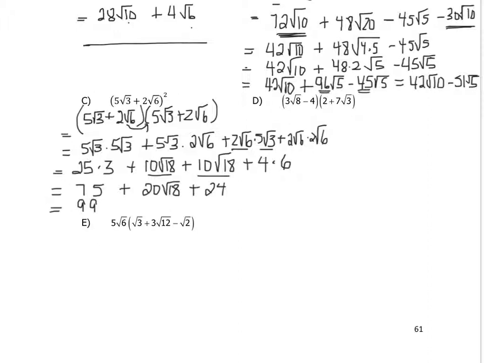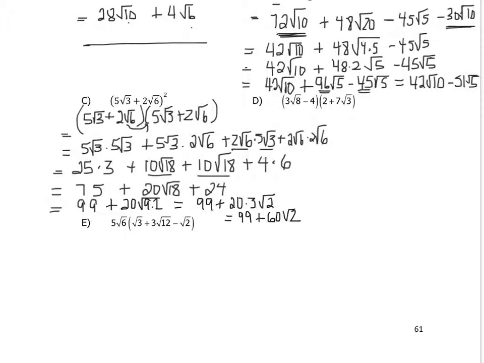And the 20 root 18 can break down because 18 has a perfect square factor of 9. So 9 times 2. And then that would equal 99 plus 20 times 3 can come out because square root of 9 comes out as a 3, root 2, which equals 99 plus 60 root 2, and that's as much as you can do with that one.